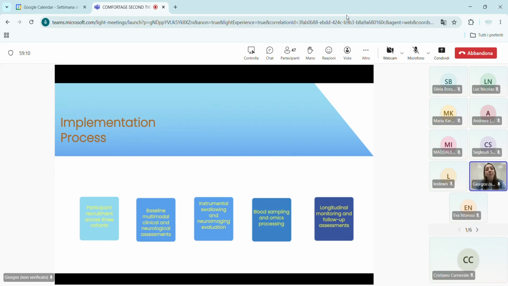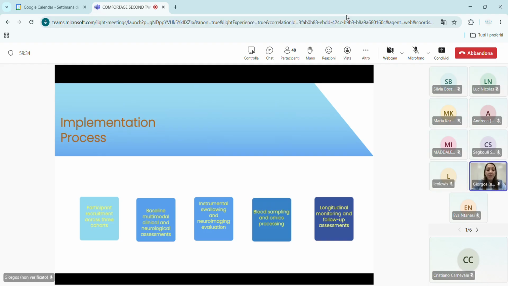Here it's more on the implementation process. We have the participant recruitment, first of all, which is on 3 cohorts. We've already mentioned Alzheimer's disease patients, people with mild cognitive impairment, and also the controls, healthy individuals who do not mention any loss of their memory.